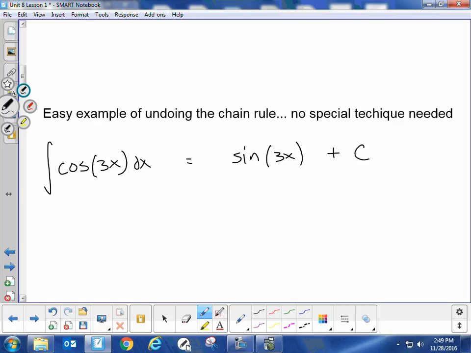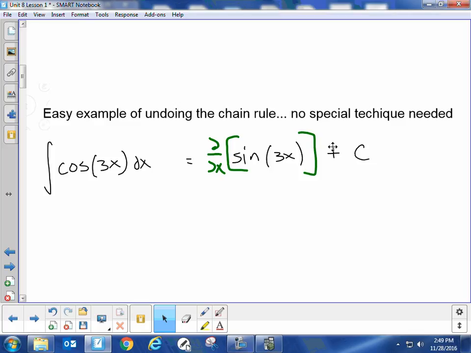If I took the derivative of sine of 3x, would I get cosine of 3x? No. Remember, if you're ever trying to check your antiderivatives, take the derivative of it, and if the derivative is the original, then we're good. But the derivative of sine of 3x is cos 3x times 3.